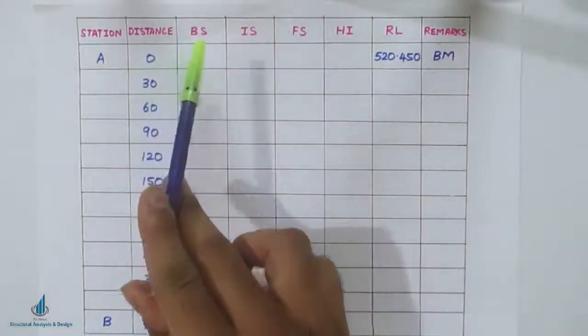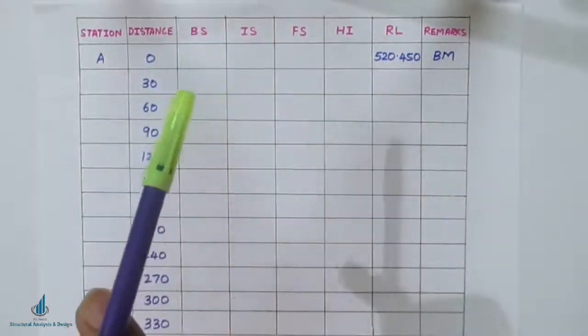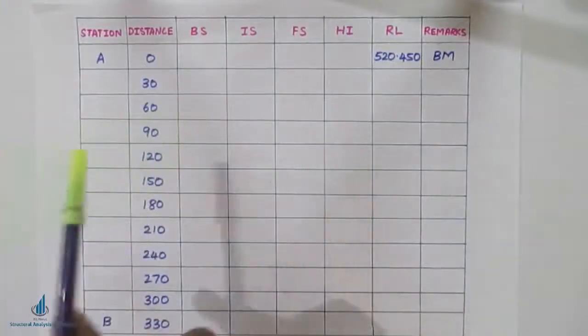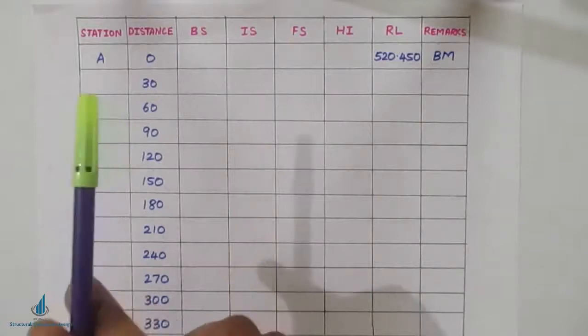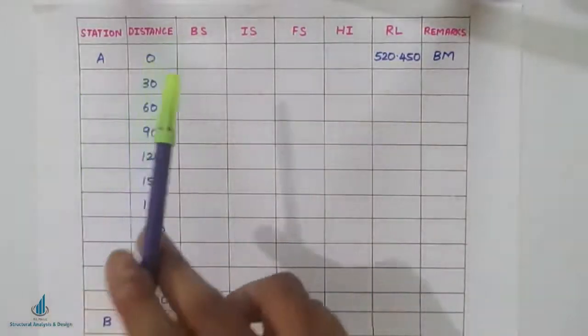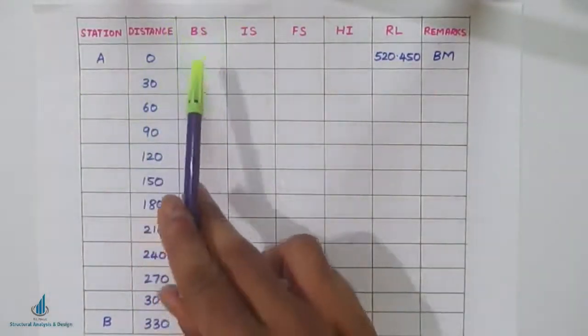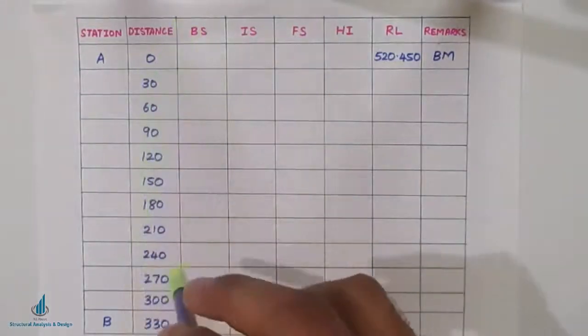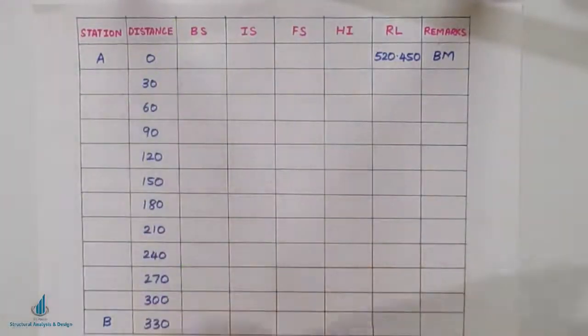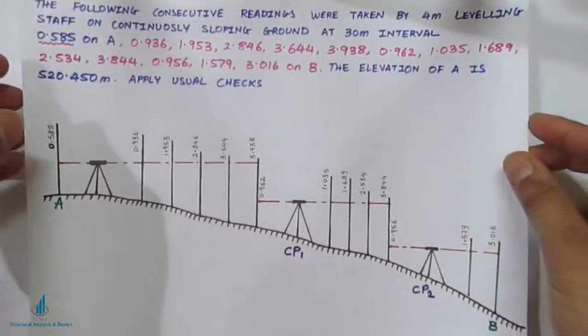Whenever you are doing a leveling experiment or problem, remember that the leveling starts with the first reading written in the BS column, that is the backside column. Why you are taking backside, you can refer to the figure again.